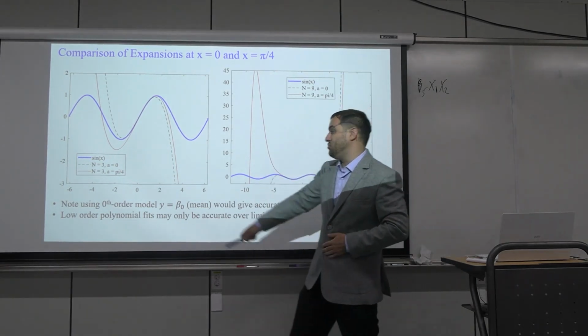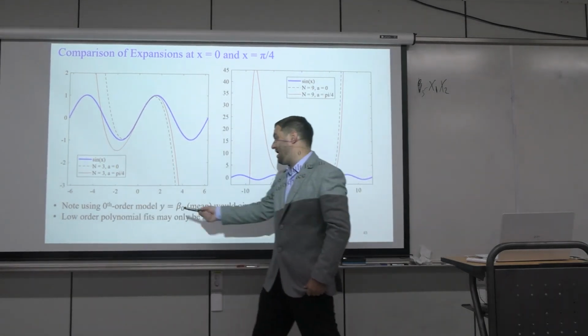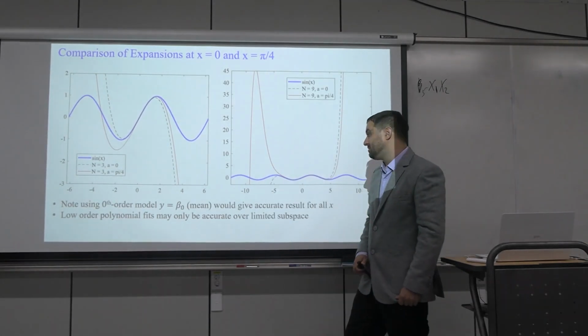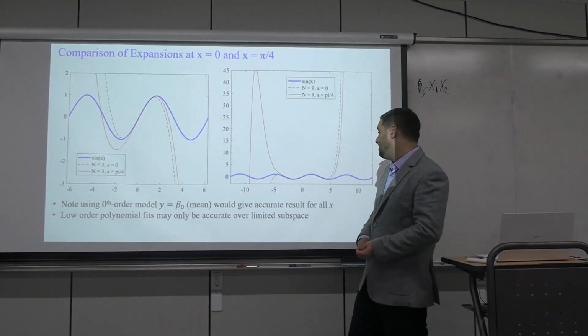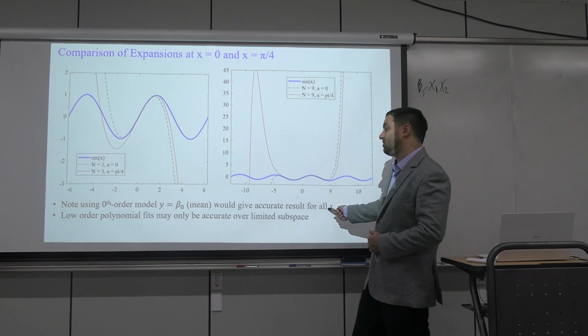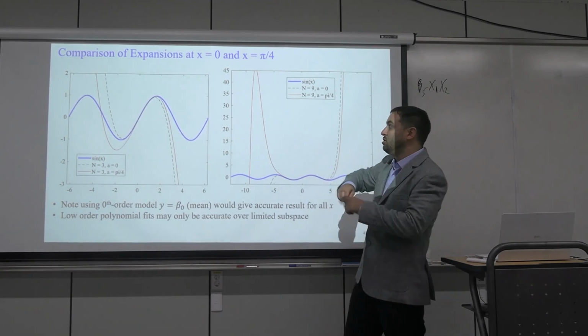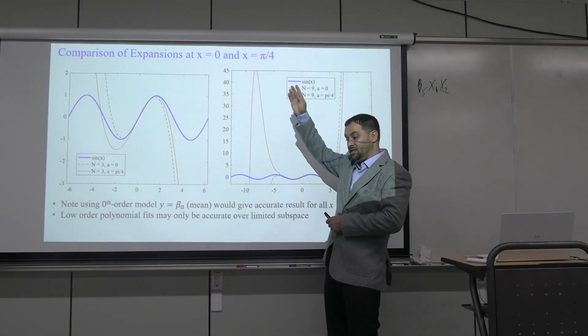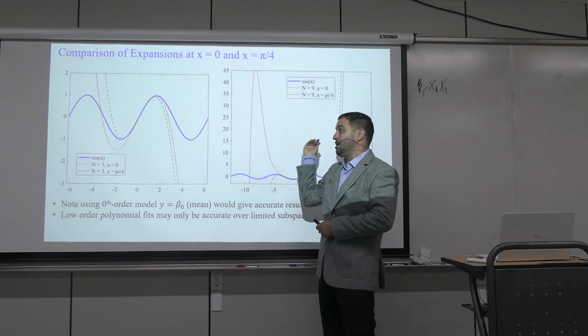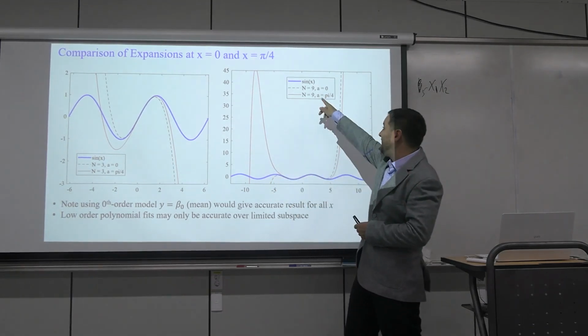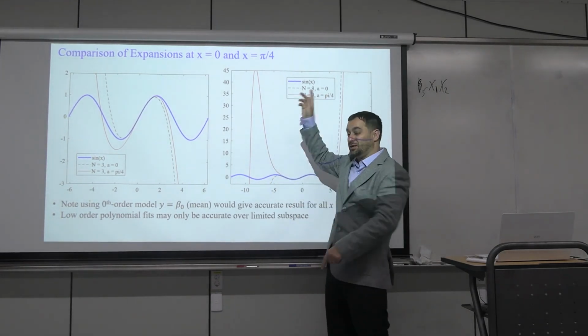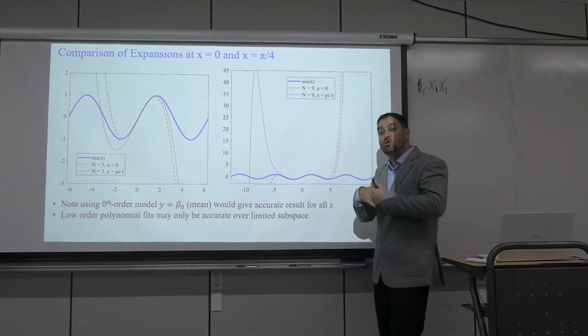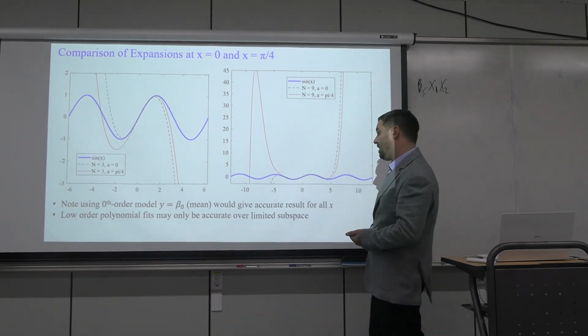So if you use the 0th order model, y equals a constant, beta naught, the mean, this would actually give the accurate result for all x. But you would lose all of the amplitude information. Using any of these other models, you're going to plus or minus infinity, so you would have huge errors.